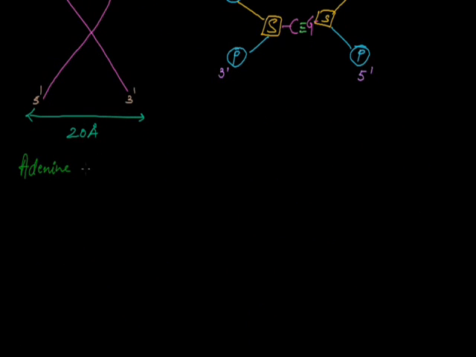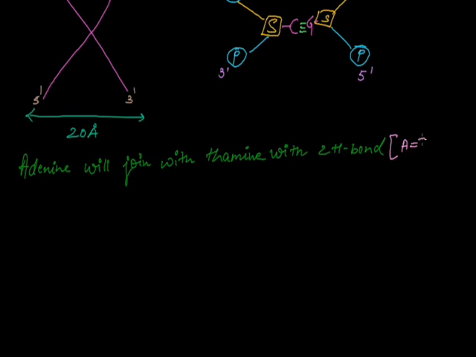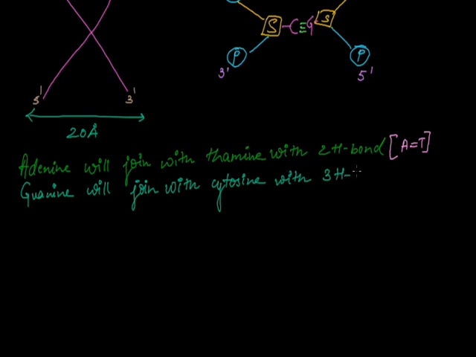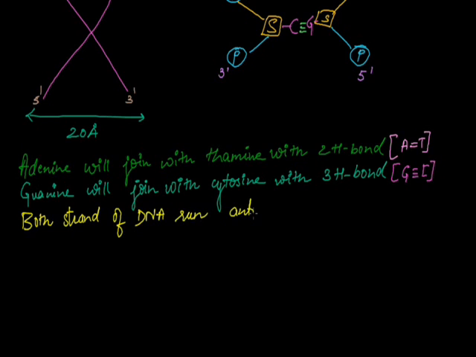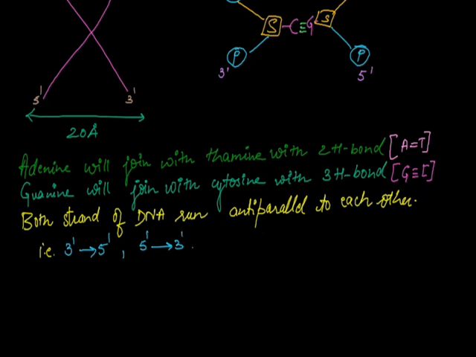Adenine will join with thymine with 2 hydrogen bonds, which can be shown as A double bond T, while guanine will join with cytosine with 3 hydrogen bonds, which can be shown as G triple bond C. Next, both strands of DNA run anti-parallel to each other, that is, one in 3' to 5' and the other 5' to 3'. This is about DNA.